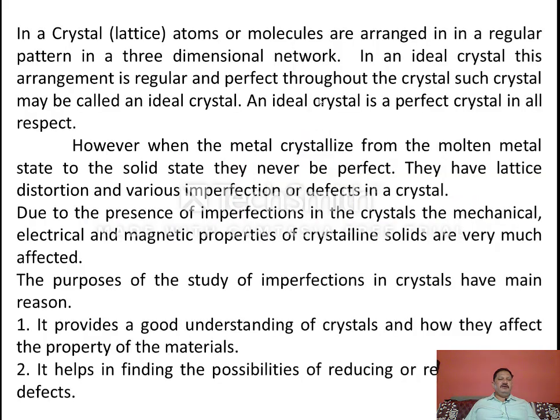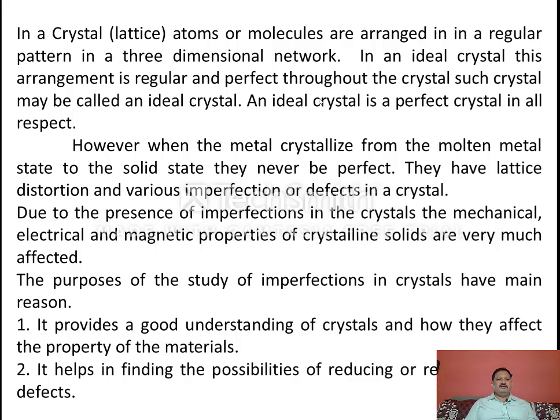So once again I am repeating, generally in a crystal lattice, all the molecules, or you can say atoms, are arranged in perfect positions in a three-dimensional network, and if they have their perfect positions, we can say it is an ideal crystal, right?